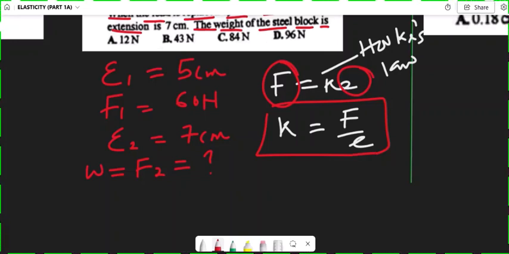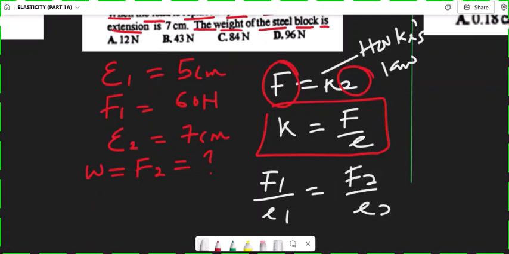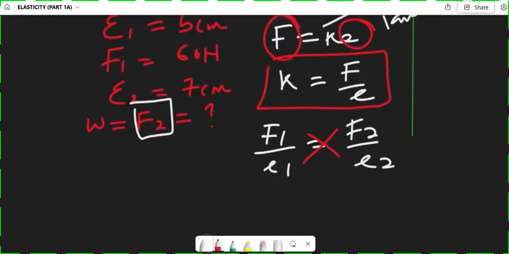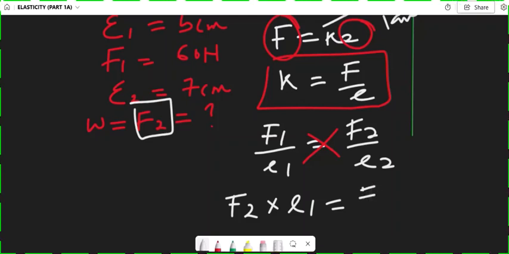The formula for this relationship can be given as F1 over E1 equals F2 over E2. So in this case, I'm trying to get the value for my F2. What I need to do is cross multiply. When I cross multiply, I have that my F2 times my E1 is equal to F1 times my E2.